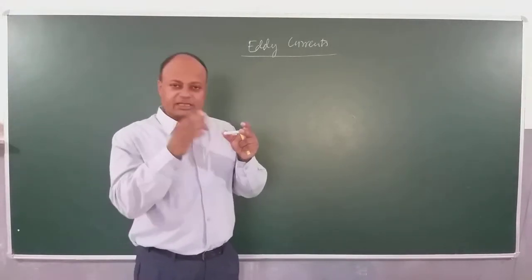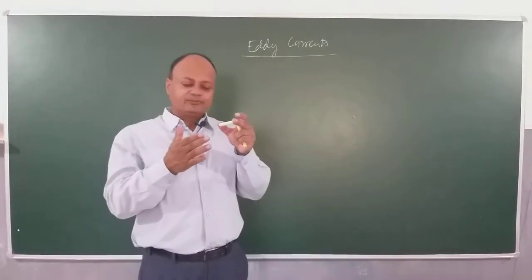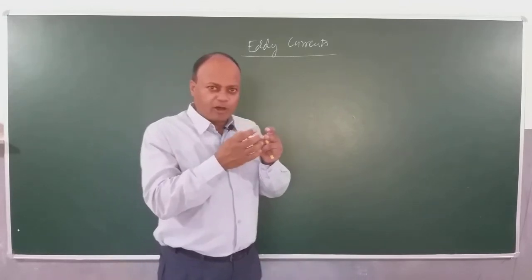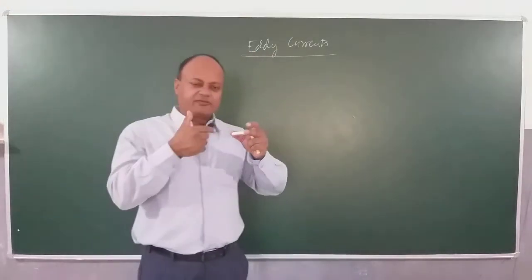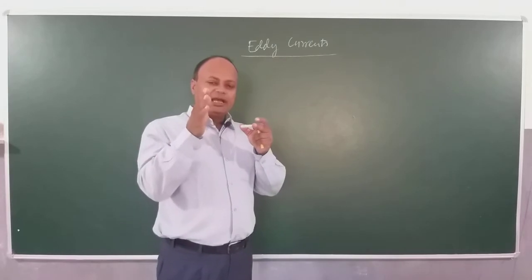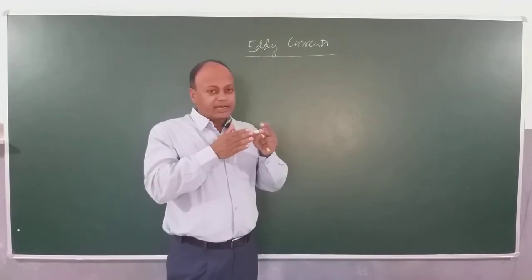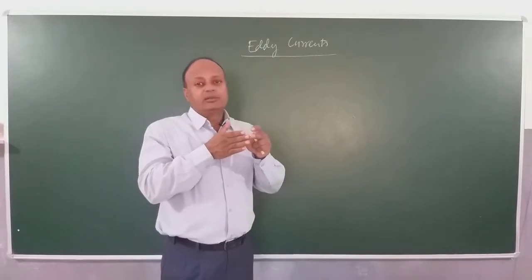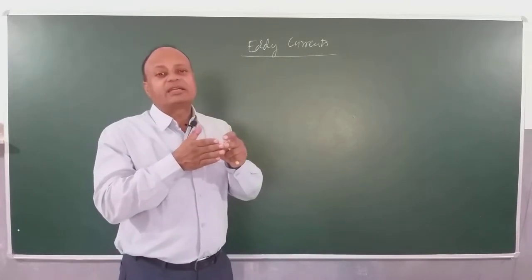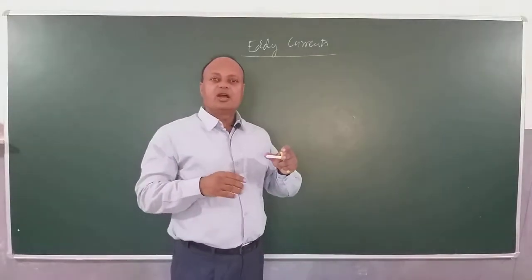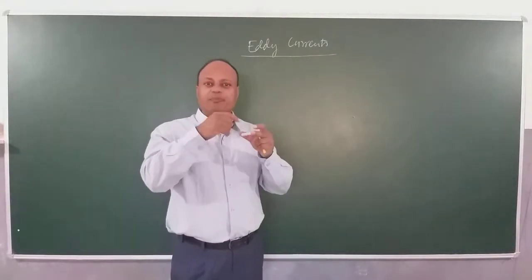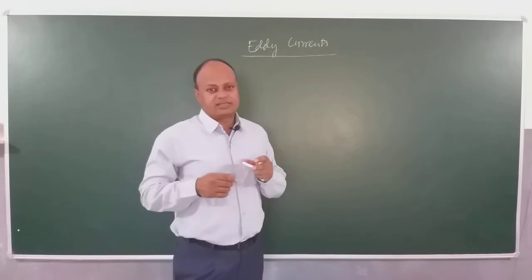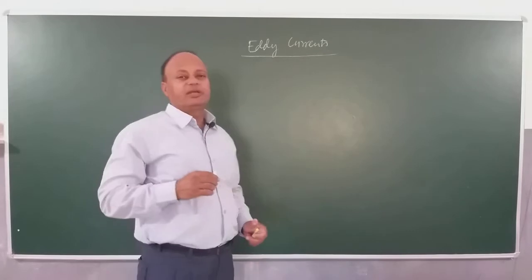So children, as a consequence of electromagnetic induction, a current is produced in the metallic block which is moving in the magnetic field between the two poles, and this current in fact is driven to the surface and is perpendicular to the plane containing the magnetic lines of force. Now these currents are called eddies because they don't have a clear path to flow, and therefore they follow random paths, right? That's why we call them eddy currents.